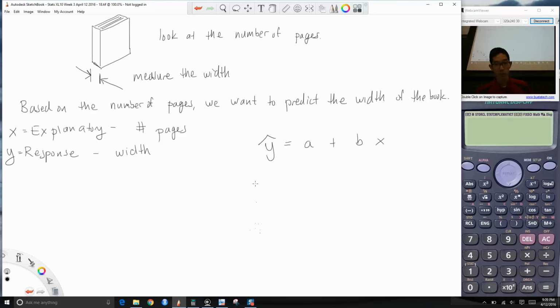So instead of just using y equals a plus bx, I'm going to say width, and I'm going to put a little hat over it. So this is width hat, or basically predicted width.